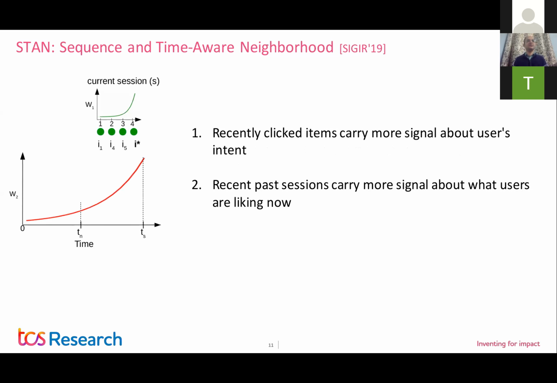The second one is also fairly straightforward. Let's say you are generating a recommendation list today. Then you want to use the past sessions to generate this list. The further you go in the past, the less relevant those sessions become, because trend is very much there, especially in the retail setting or even in the entertainment setting.